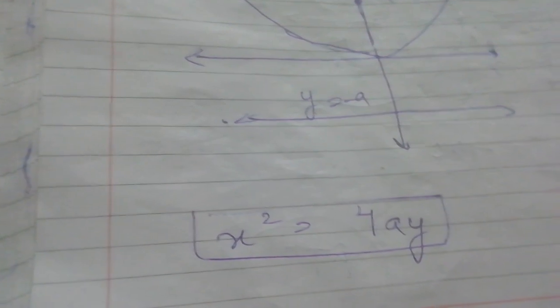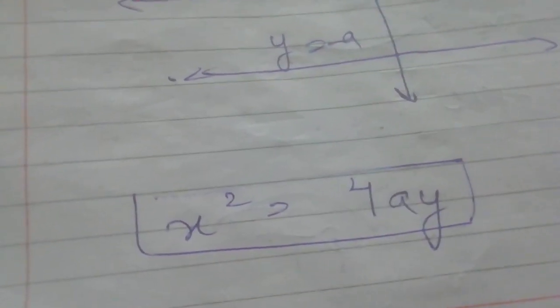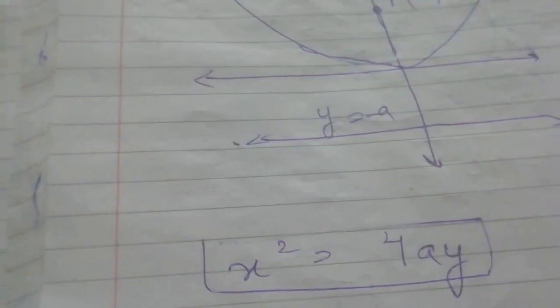So the equation formed is x squared is equal to 4ay.